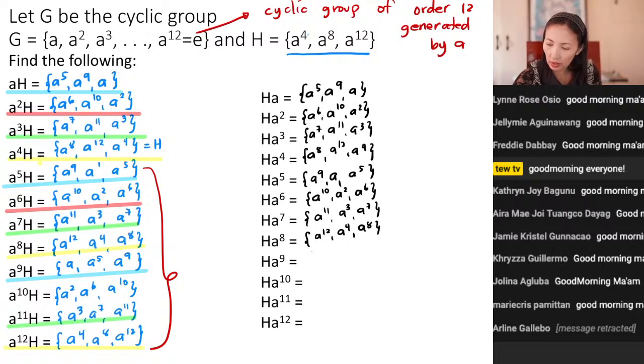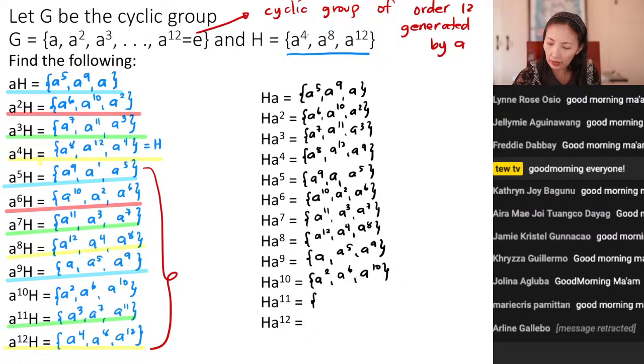Then a to the 9 is a, because that would be 13, and then a to the 5th, a raised to 9. A to the 10 is h, because that will be 14 mod 12, 2. And then a to the 6, a raised to 10.